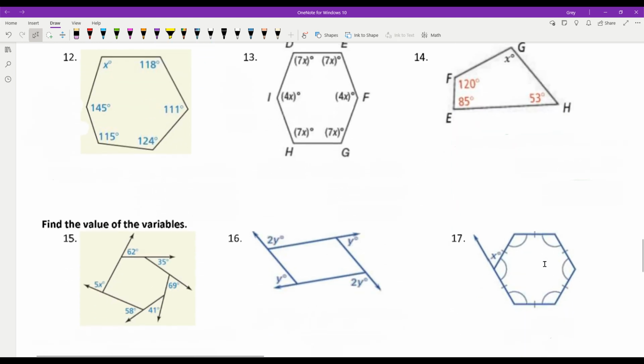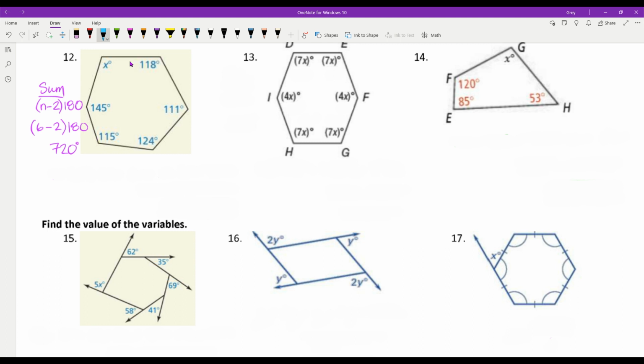Okay, number 12. Find the missing angle measures. So in this particular polygon, first and foremost, I need to go find the sum. So how many sides do I have in this polygon? If I start up here at X, that's 1, 2, 3, 4, 5, 6. So that means n is 6 in my formula. 6 minus 2 times 180. 4 times 180 is 720.